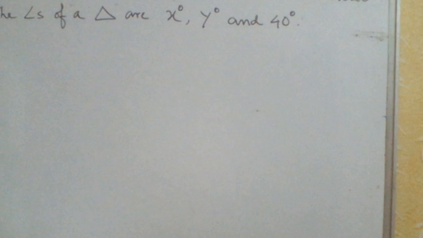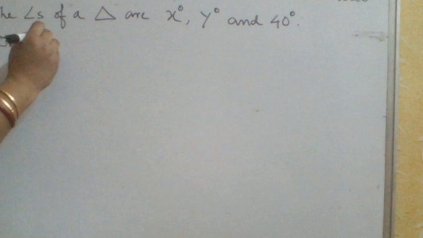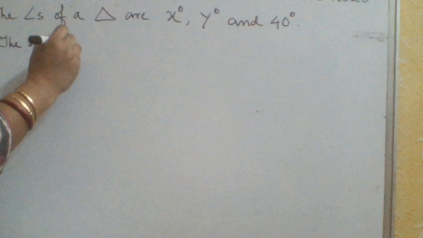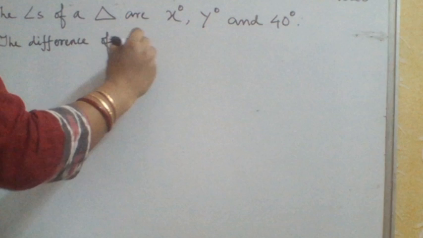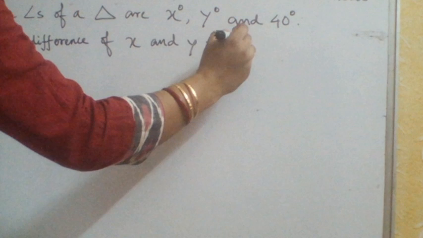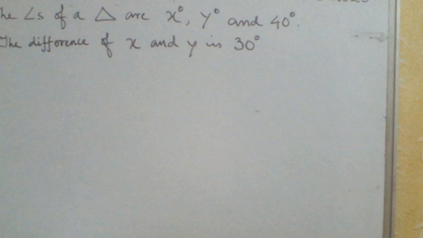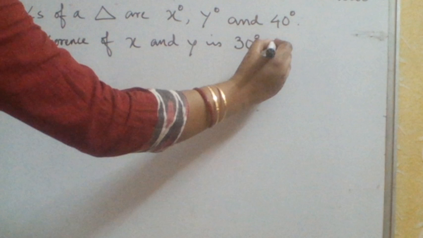So the difference of x and y is 30 degree. Difference of these two angles is 30 degree. Find x and y.